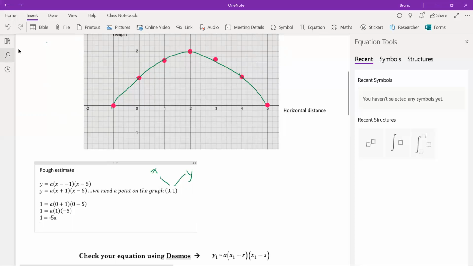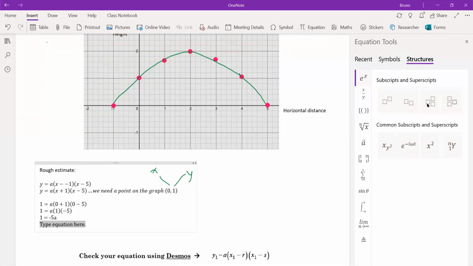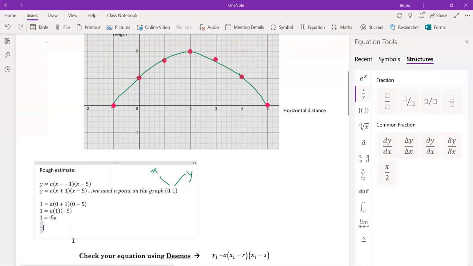It looks like we can finally solve for a. I'm going to get a little fancy here and insert the equation again. I need a little structure here, a little fraction. So you take the 1 and divide that by negative 5 to get my a.